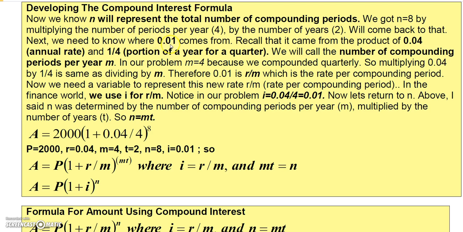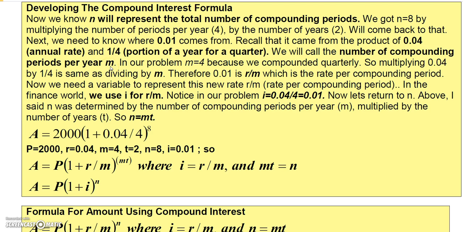Next, we need to know, where did we get the 0.01? Well, all I did to get the 0.01 was take the annual rate, 0.04, and divide it by 4. I'm saying you multiply it by 1/4, but that's actually just dividing it by 4. And we'll call that 4 the number of compounding periods per year.